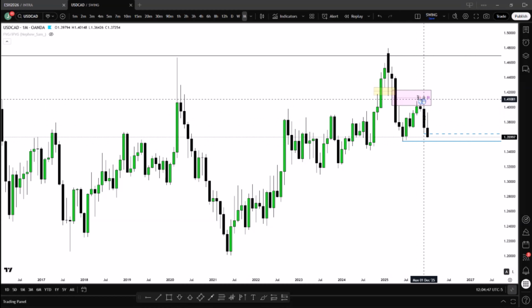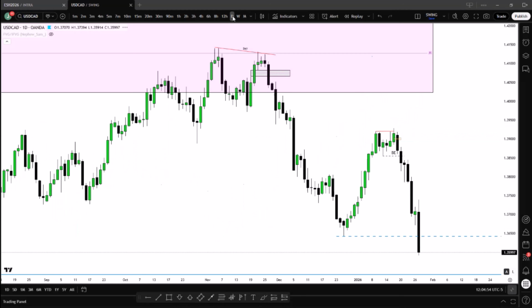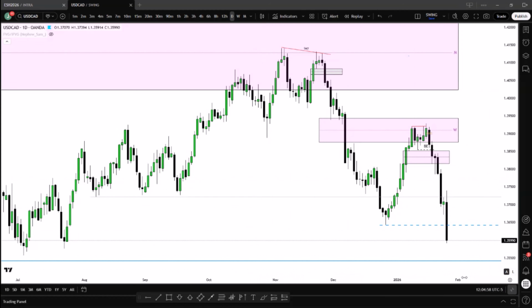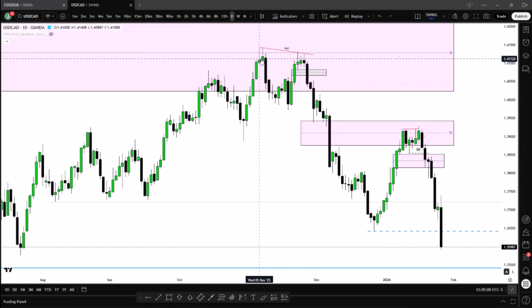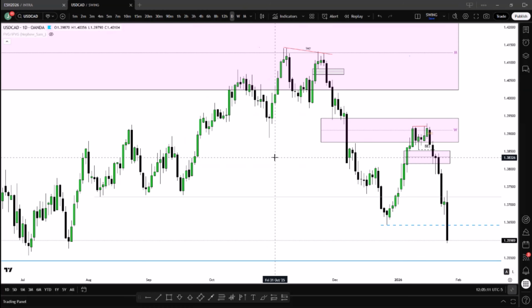Okay. So in November, we started to tap into that monthly fair value gap. All right. And off that monthly fair value gap, we have a pattern that we look for where price is changing order flow to bearish on the shorter time frames based on that higher time frame analysis.